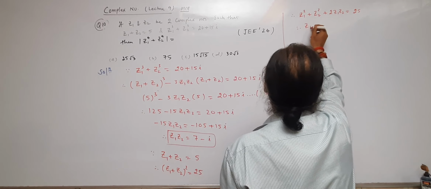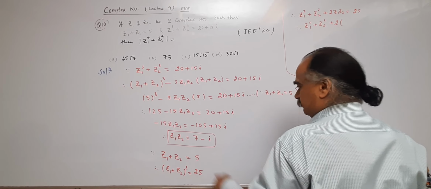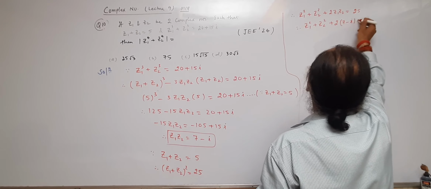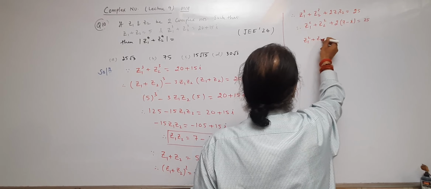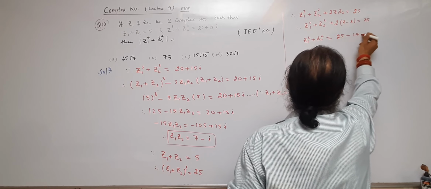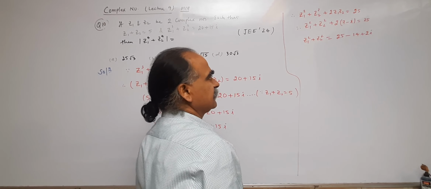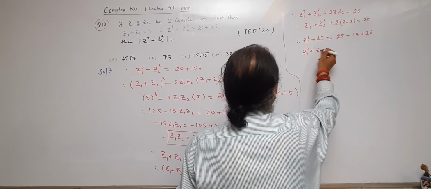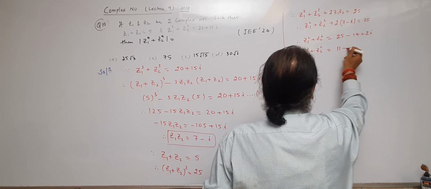So Z1 square plus Z2 square plus 2 into Z1 Z2, which is 7 minus i. So Z1 square plus Z2 square will be what? 25 minus 14 plus 2i. 14 minus 2i transfer on that side. Therefore, Z1 square plus Z2 square is what? 11 plus 2i.